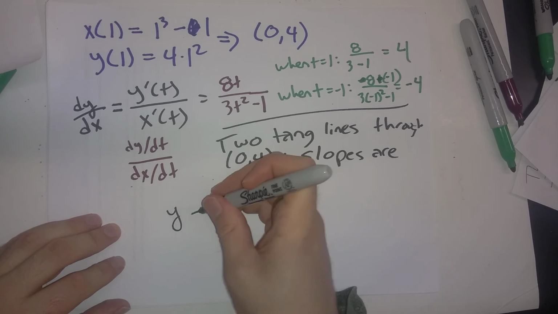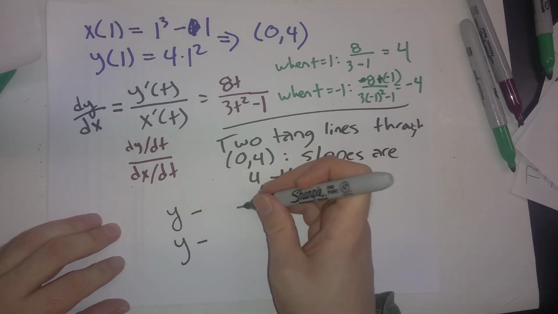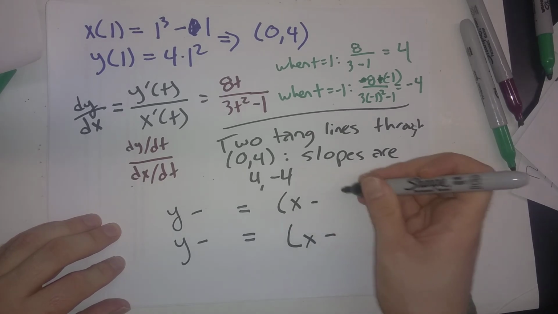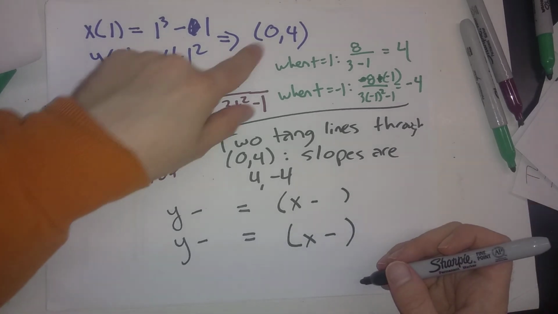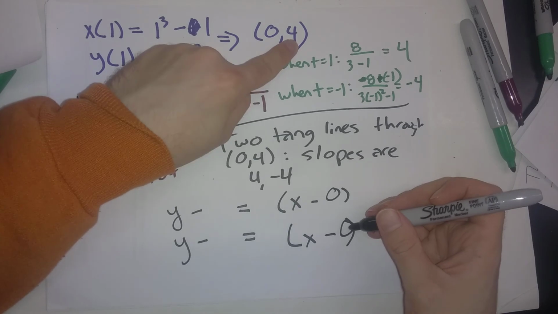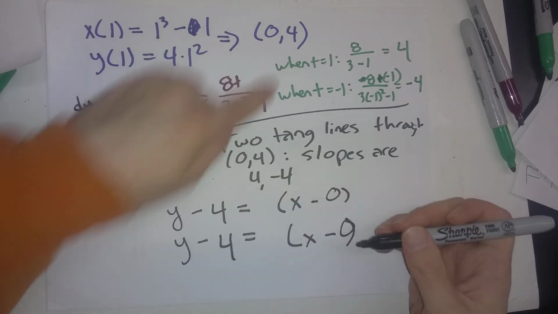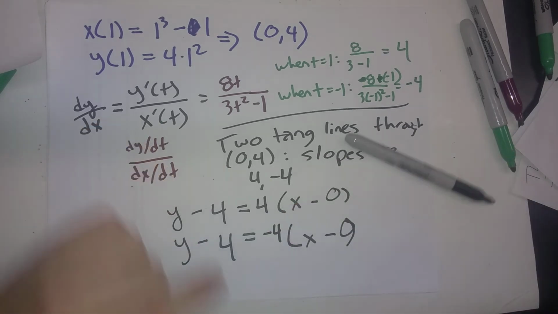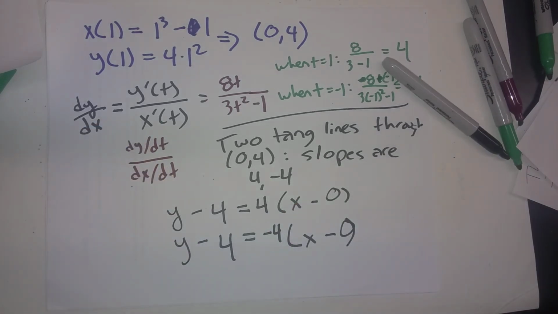We're using y minus y naught is equal to m times x minus x naught. In both of these, x naught is 0. In both of these, y naught is 4. And our slopes are 4 and minus 4. Okay.